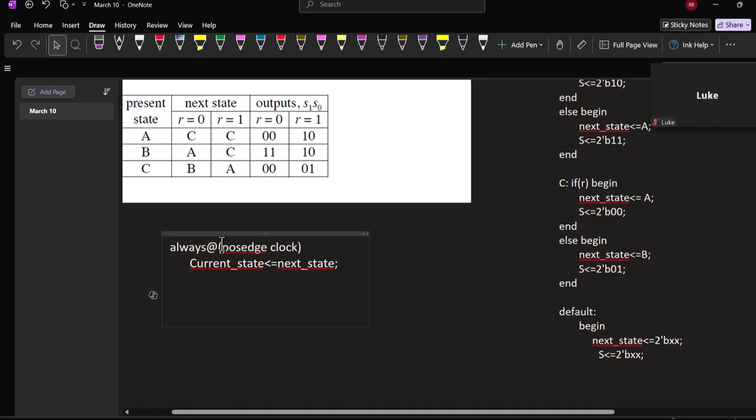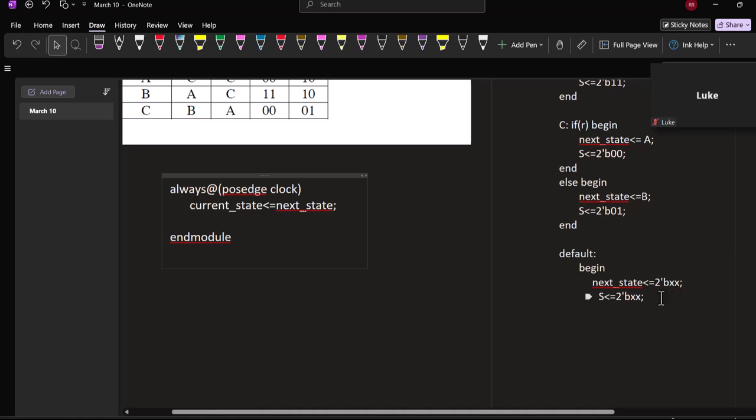And then we can end module. So over here we have an end and end case. Did I not end the case? I did not end the case. Thank you. So I do need to have an end case here, and an end. I need both of those things.